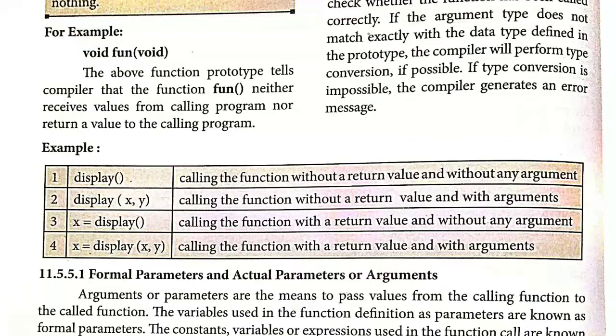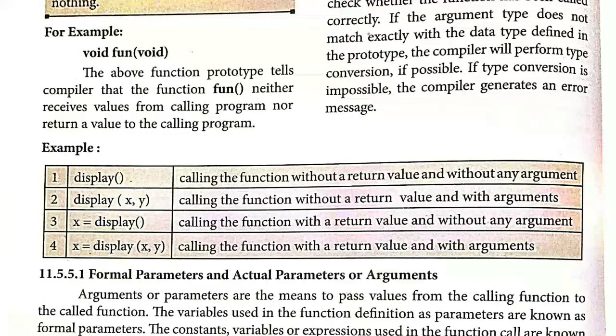Next, number 2, display x comma y. Here you can see that two inputs are given to the display function, and in the third one, there is no input given to the function, but you are getting some output from the function display, which is stored in variable x.